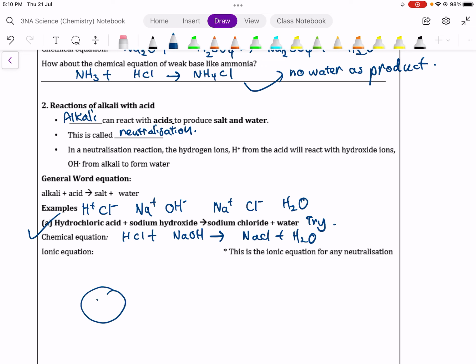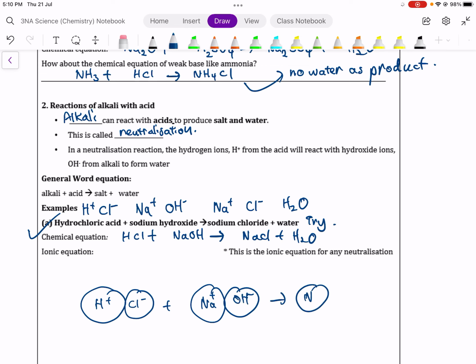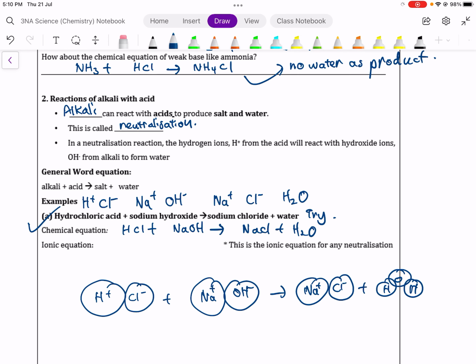H plus Cl minus plus Na plus OH minus gives you Na plus Cl minus plus H2O. So that is the ionic equation for neutralization.